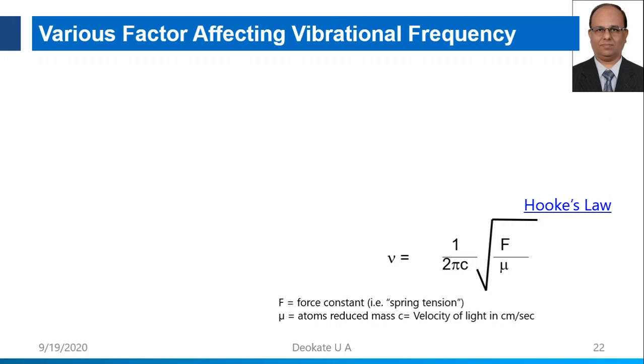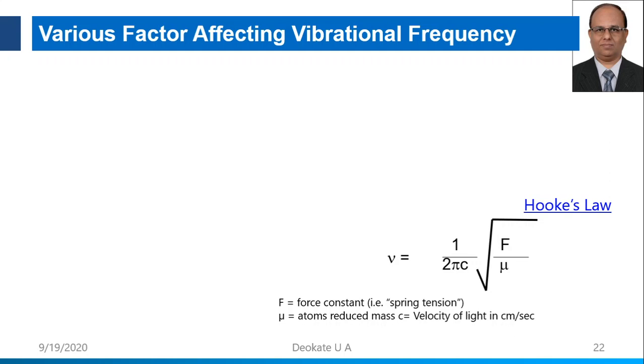So Hooke's law can be written as V equals 1 by 2 pi c under root F by mu, where F is the force constant that we can call the spring tension, mu is the reduced mass of the atoms attached to this spring, and c is the velocity of light.